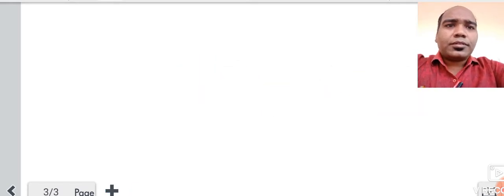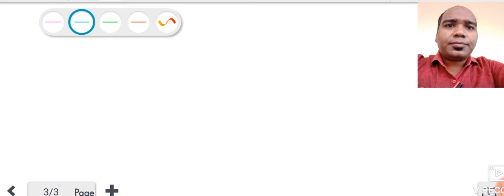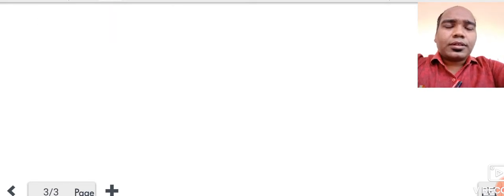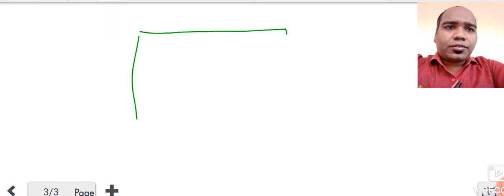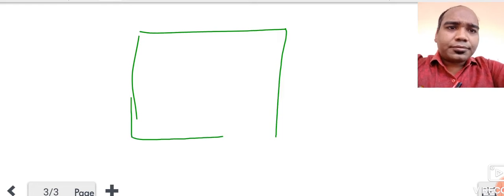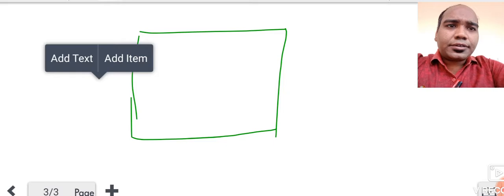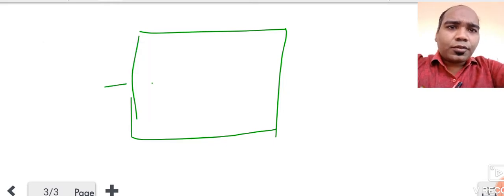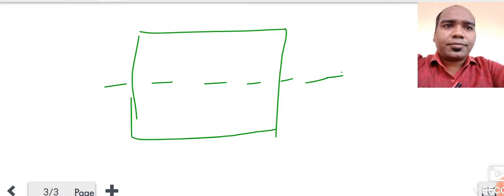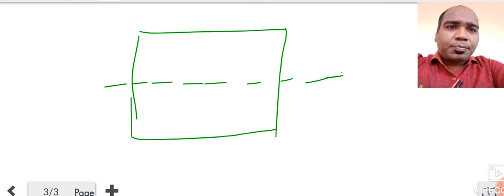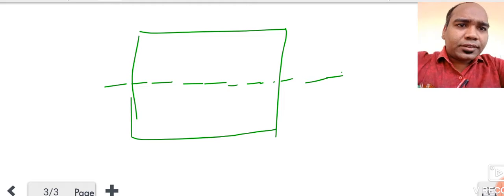Just look here. Suppose I take this one piece of paper. Then from the middle I'll cut it. I'll cut this page. So this page has been divided into how many parts?